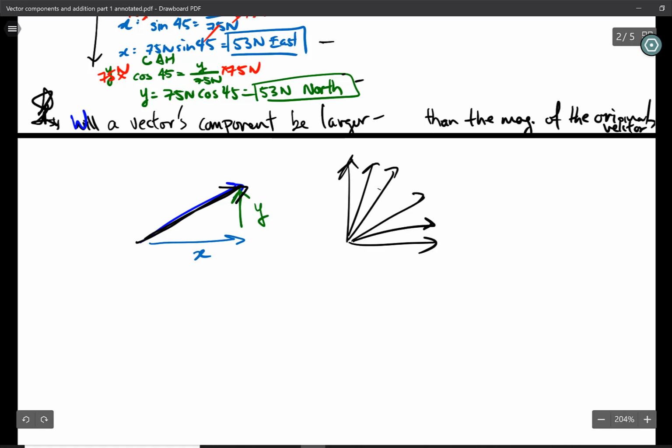But there are a few cases where you have a vector that is pointing directly north, or directly in the vertical direction, or in the horizontal direction.